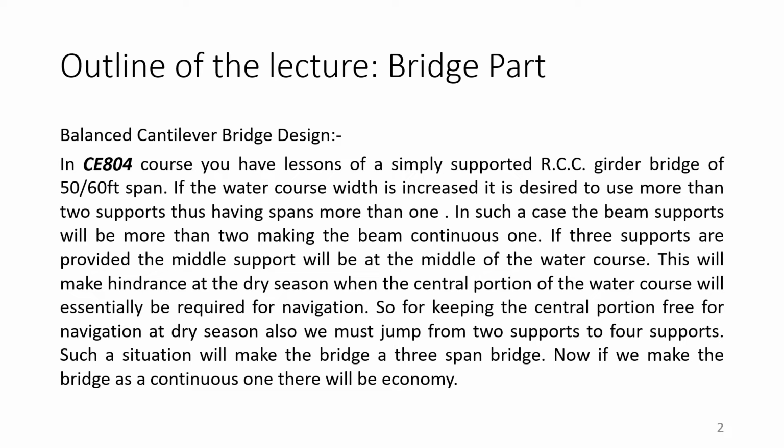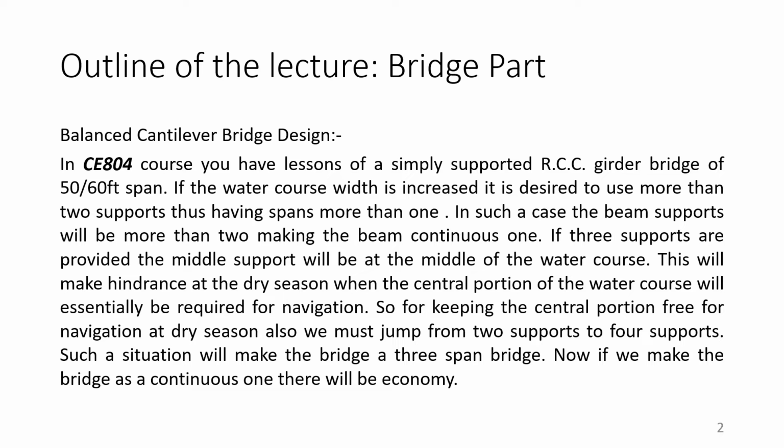That's why we will use 4 supports, and at the middle ones we will use cantilevers from 2 sides, and to make the middle gap bigger, we will give another simply supported beam on these 2 cantilevers, and that will make the middle span bigger, and navigation in the dry season will be improved.